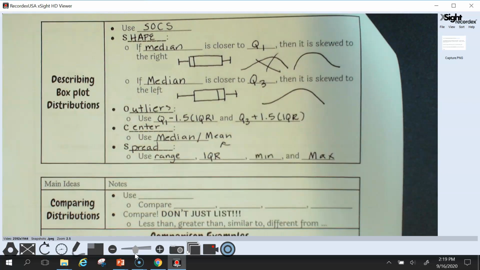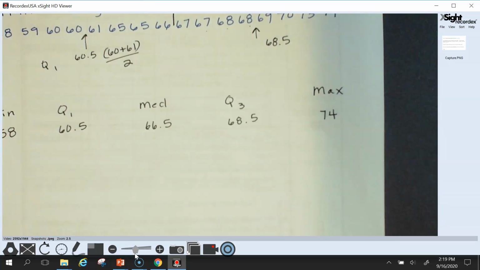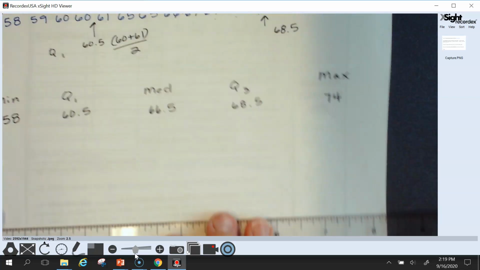Okay, so now that we've talked about describing the box plot distribution, I want to show you how to set one up because we actually haven't done that yet. So let's go back to what we've done here. We have our graphical display. I actually have a ruler, and this is how you draw your box plot.